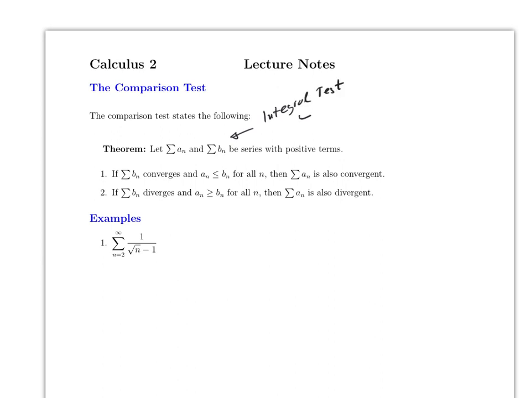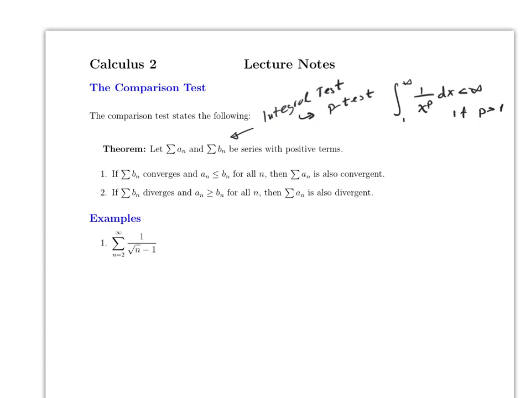Remember that the integral test gives you something called the p-test, where you have to integrate something like this. This will be convergent if p is greater than 1, and divergent if it is less than 1. We'll be using that a lot in the examples.